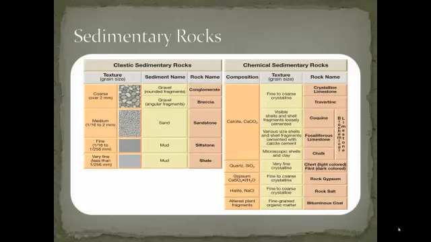This chart really breaks down sedimentary rocks into two basic categories: clastic sedimentary rocks, and these are rocks that are made from other particles that have weathered, broken apart. You can see sandstone is in there, shale's in there, and they really are classified by their sizes.